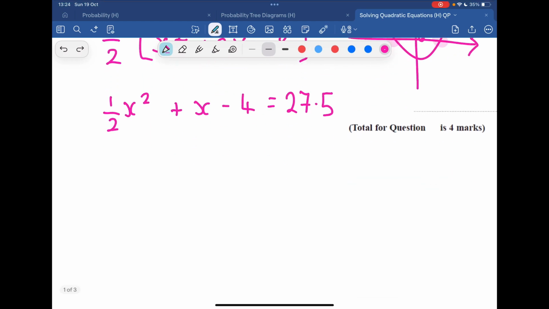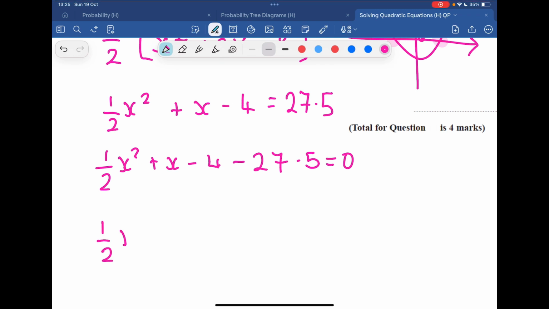So we can say a half x squared plus x minus 4 minus 27.5 is equal to 0. And then we can just simplify that. So we're going to have minus 4 minus 27.5 is going to give us half x squared plus x minus 31.5. And this is equal to 0.